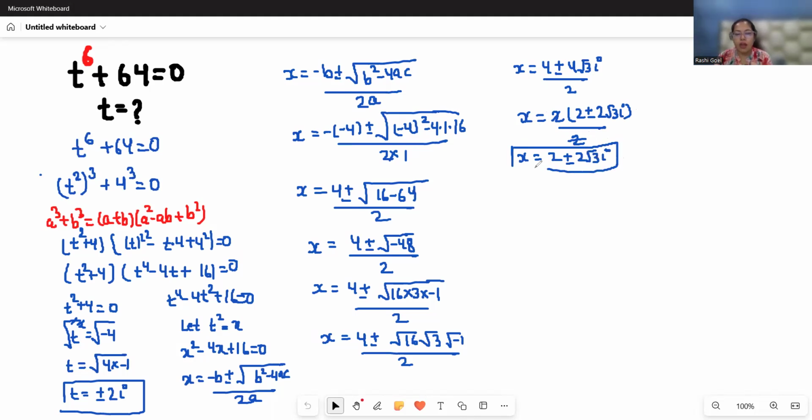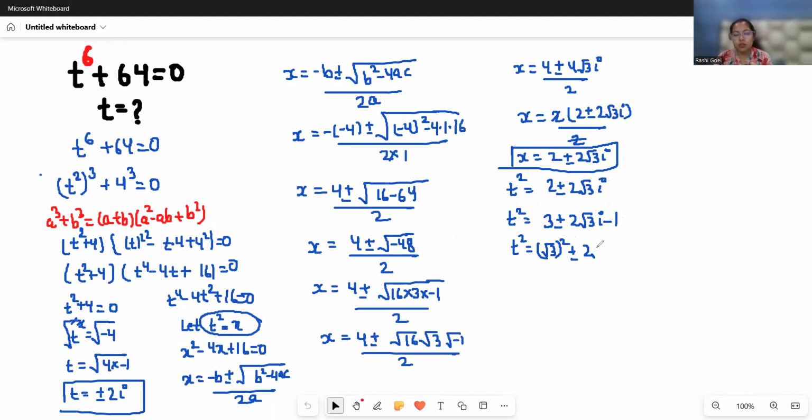Now let's recall the value of x. We have taken the substitution t^2 = x. So t^2 = 2 ± 2√3 i. I can write 2 as 3 - 1. So t^2 = 3 ± 2√3 i - 1.